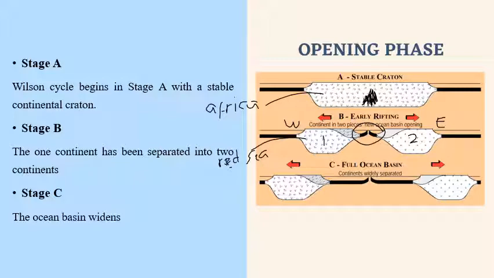And this ocean is going to continue to get wider and wider, as you can see here in figure stage C. It's going to get very large, sometimes thousands of miles. This is comparable to the Atlantic Ocean today. So this is the Atlantic.